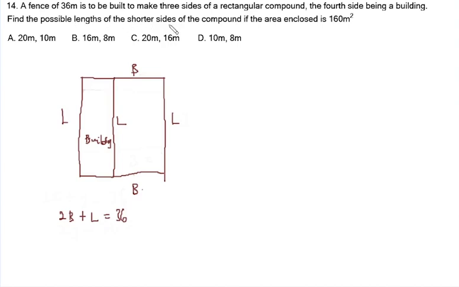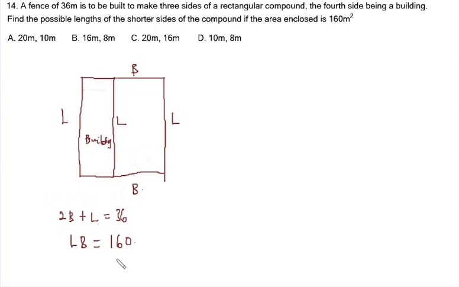The area enclosed by the compound is 160 meters squared. So the area of a rectangle naturally is length times breadth, which is equal to 160. The question demands us to find the breadth of the compound. To find b, we need to solve these 2 equations.